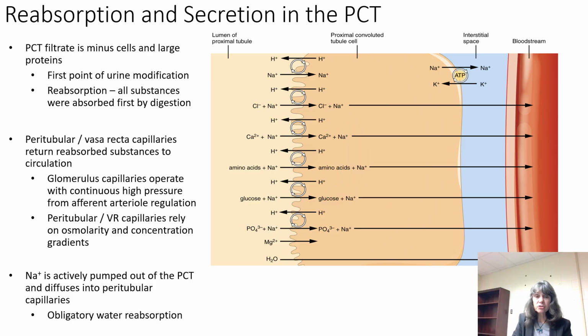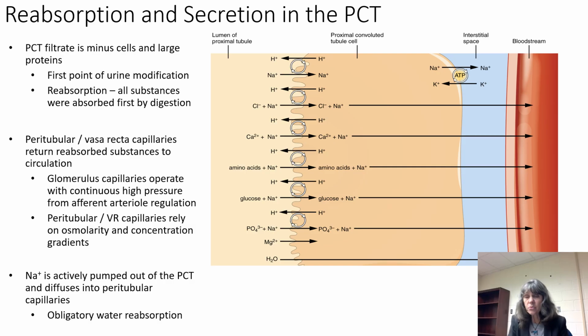And as filtrate continues through the proximal convoluted tubule and then goes into the loop of Henle, at the proximal convoluted tubule we're going to reabsorb things like sodium, chloride, calcium, amino acids, glucose, and phosphate molecules.